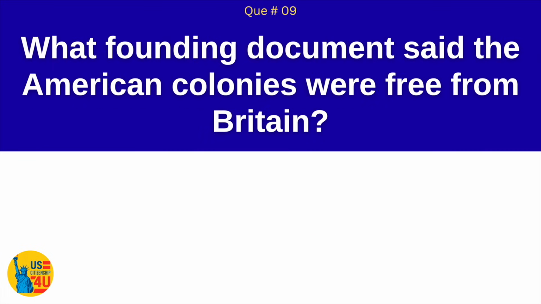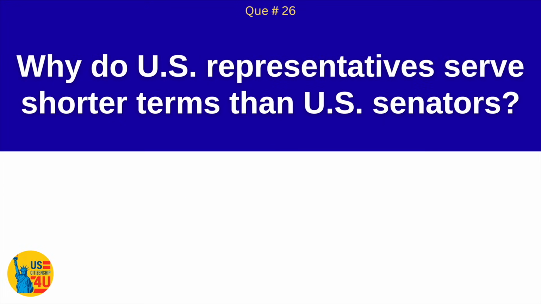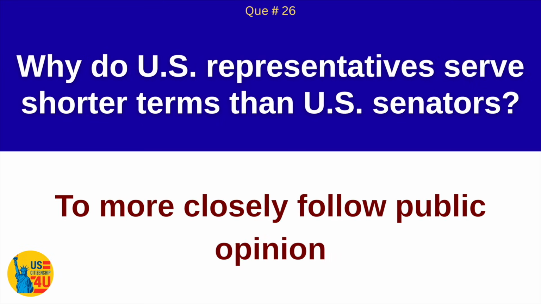What founding document said the American colonies were free from Britain? Declaration of Independence. Why do U.S. representatives serve shorter terms than U.S. senators? To more closely follow public opinion.